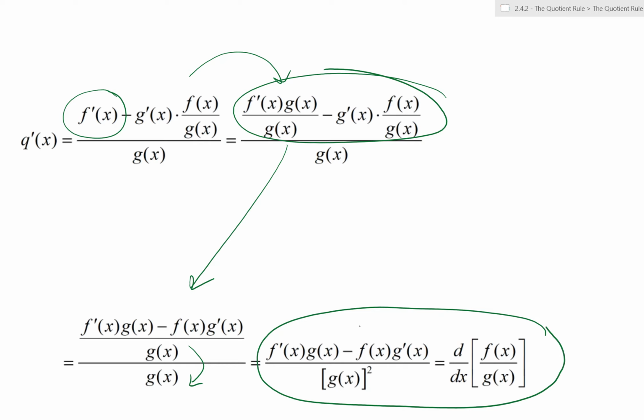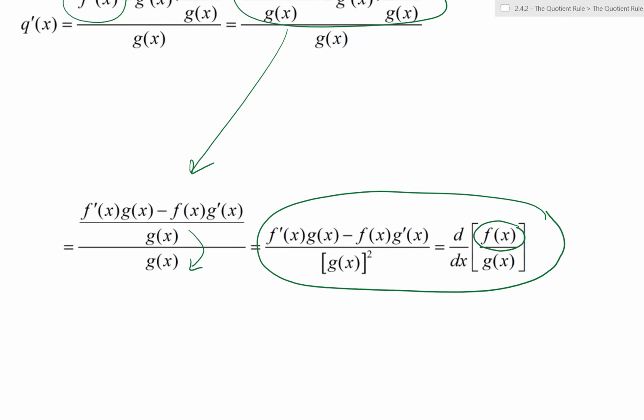The terms and the order of the terms in the numerator do matter because it's a difference. So whatever that function is in the numerator of my quotient, that's always the function I'm differentiating first, as we can see here. That's the positive term. And then times the g of x, and then minus the f of x times the derivative of the denominator function. It's always in that order.